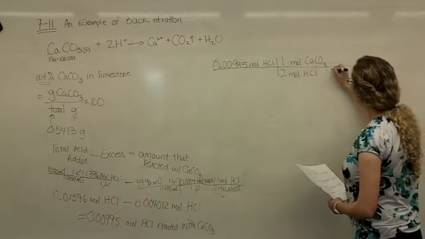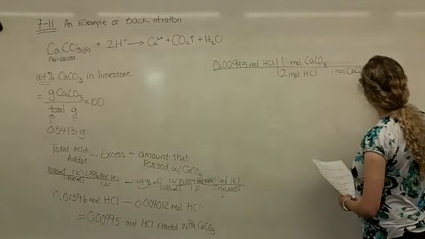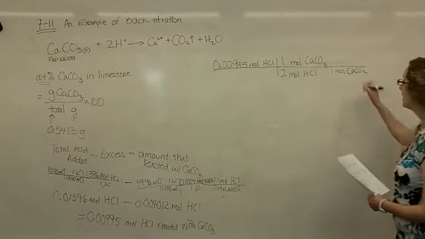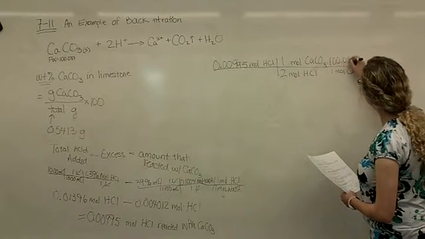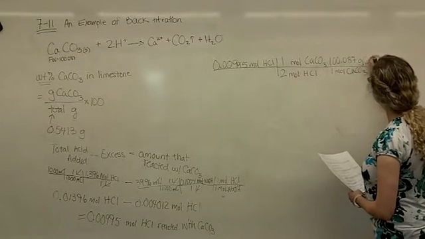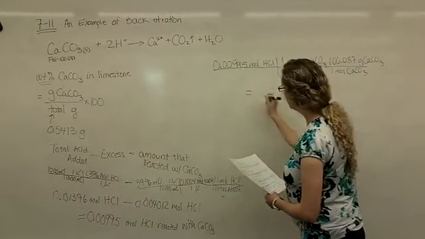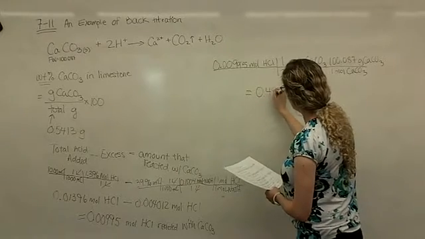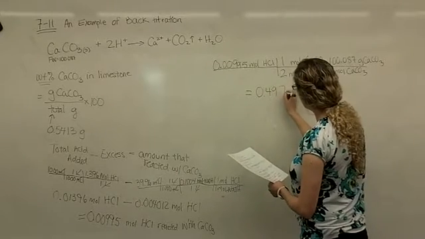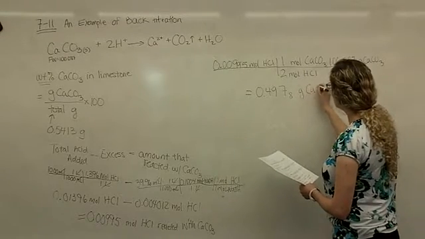So 1 mole of calcium carbonate is 100.087 grams of calcium carbonate. We do the math out, and we have 0.4978 grams of calcium carbonate.